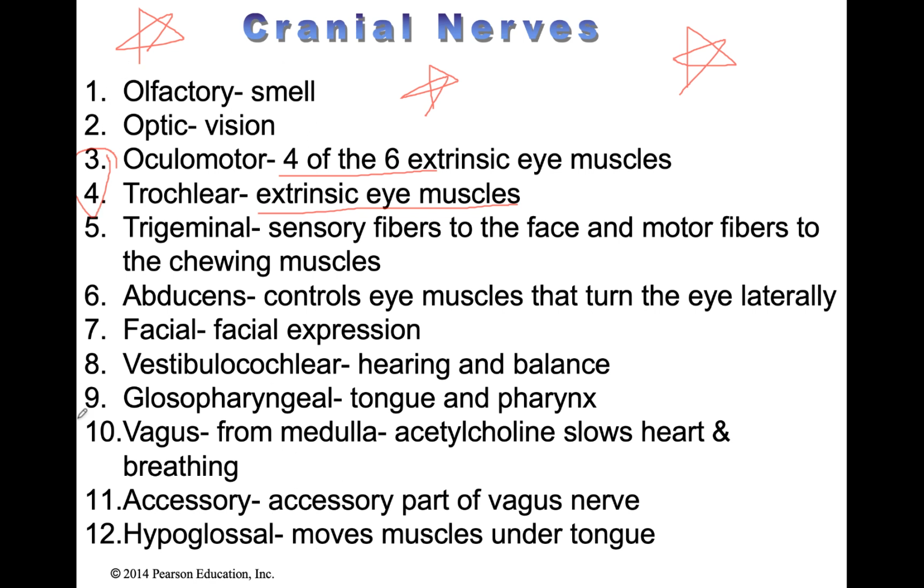These 12 nerves I've listed here, olfactory nerve, optic nerve, facial nerve, vagus nerve, these are all called cranial nerves. When you see the word cranial, you should think brain. Cranial nerves are nerves that come directly from the brain.